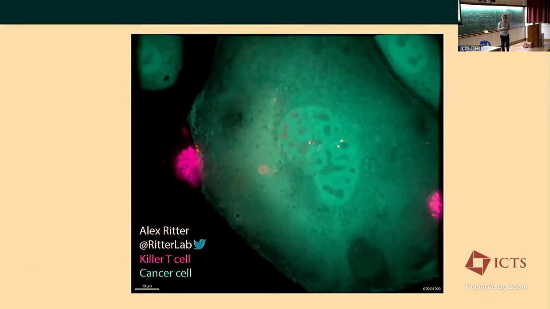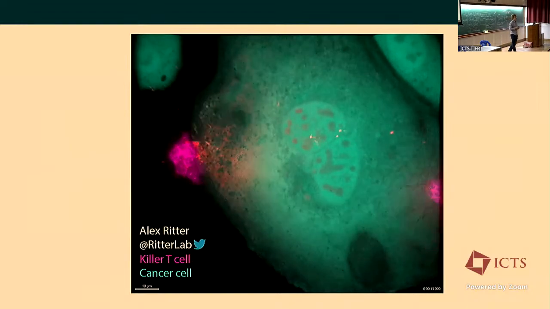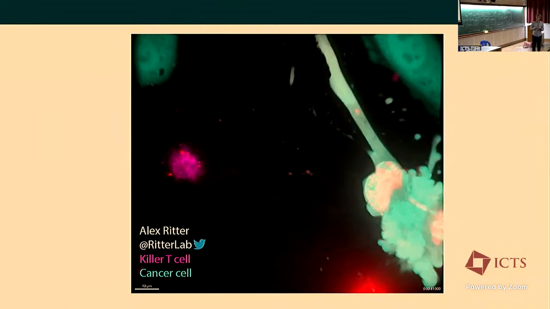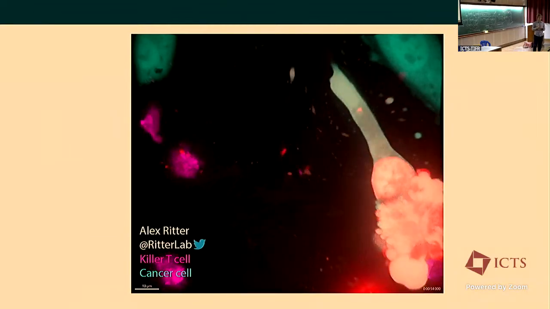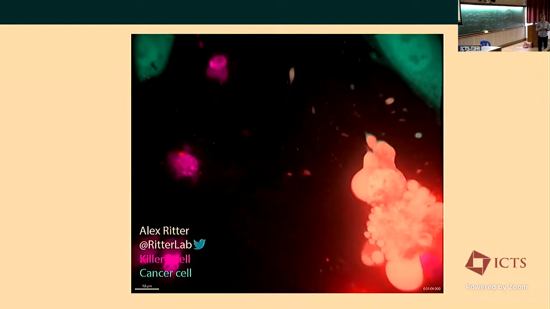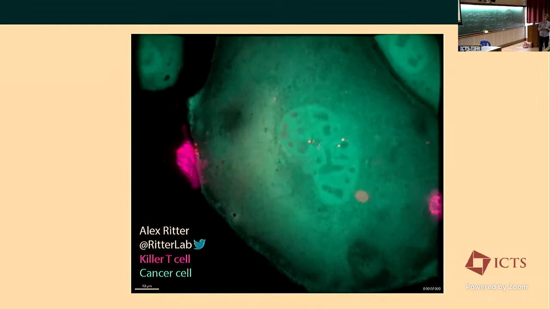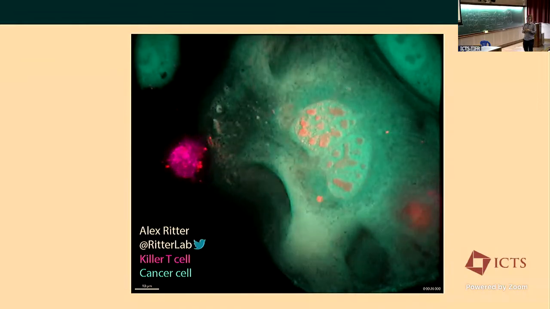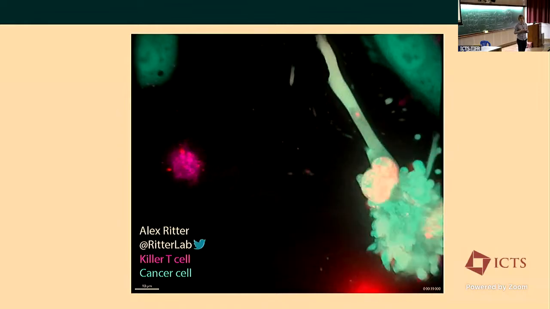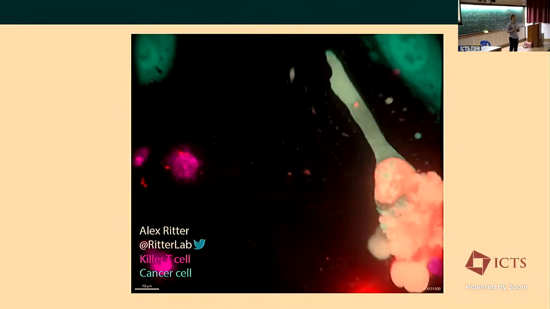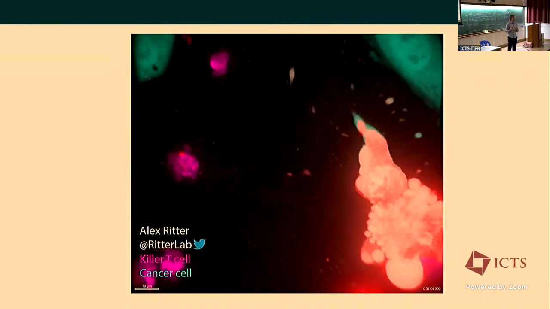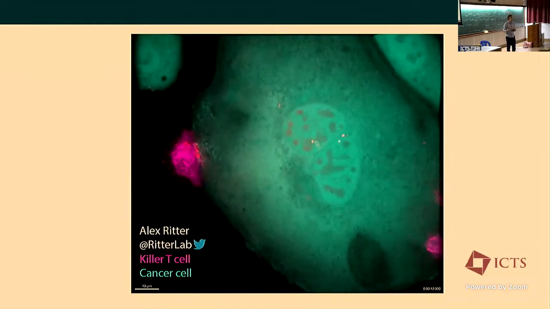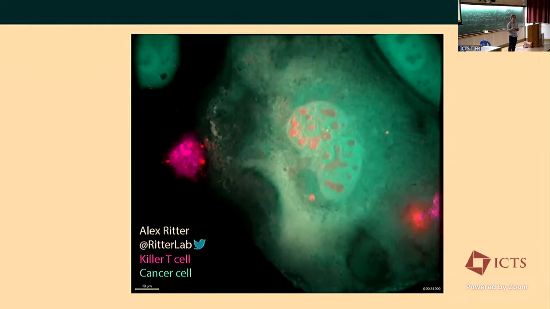So here is the adaptive immune system at work. In purple here is a killer T cell that has recognized this cancer cell as presenting some antigen that it's specific to and that maybe shouldn't be there. And then you can see that it releases these cytotoxic granules to kill off this cell. So a very powerful effector mechanism that allows our bodies to clear, in this case, transformed cells, but in the case of, say, viral infection, a virally infected cell.